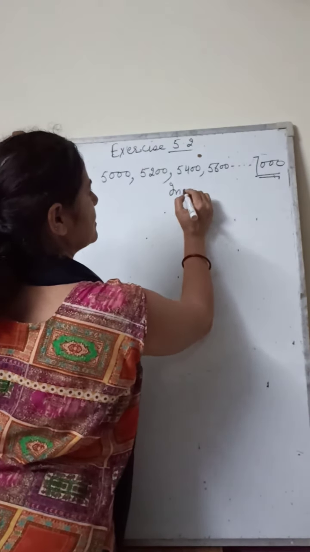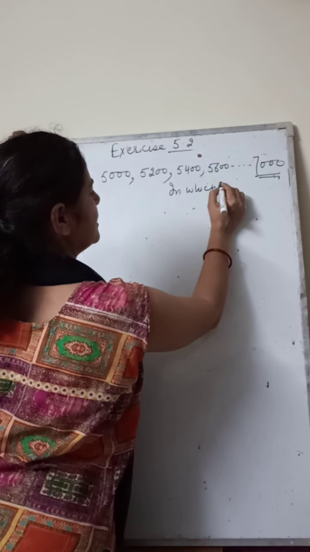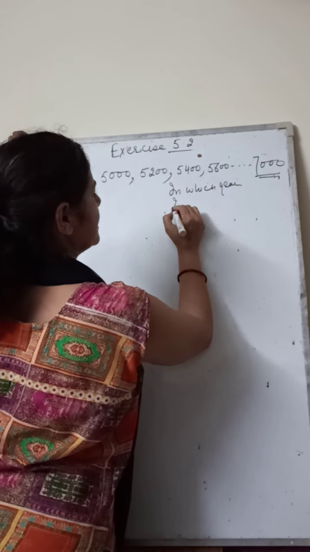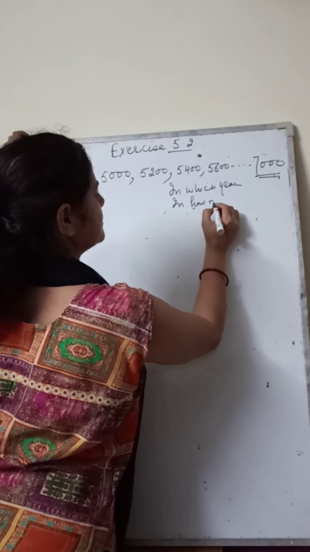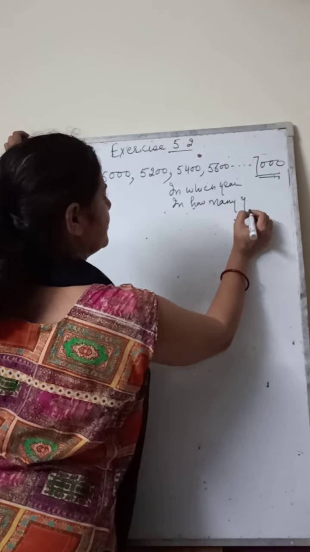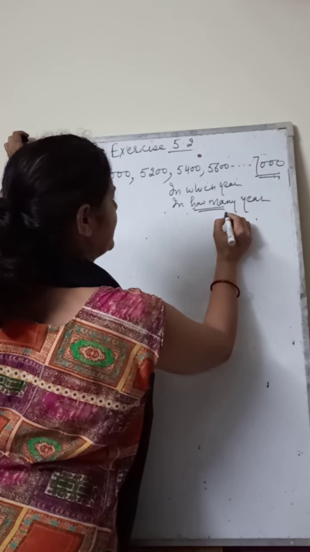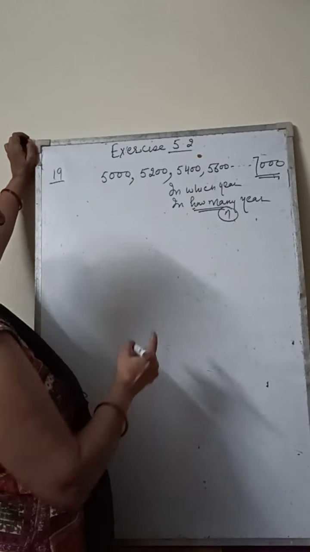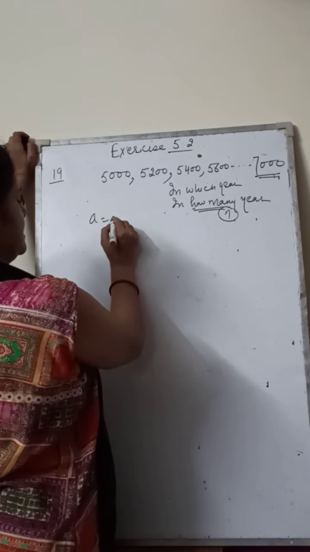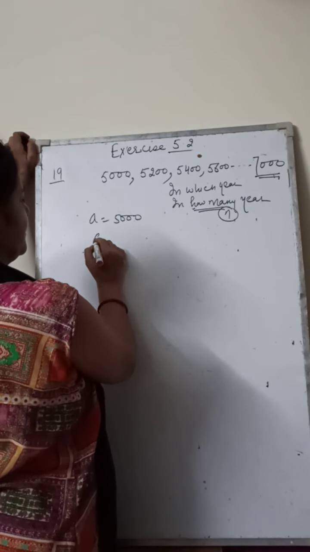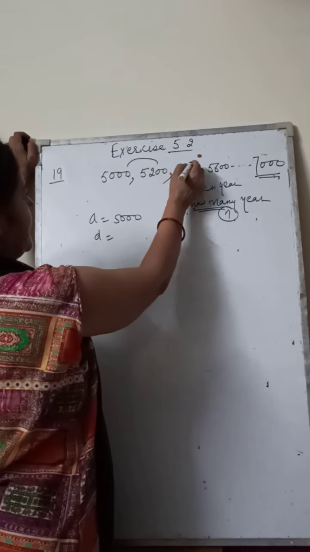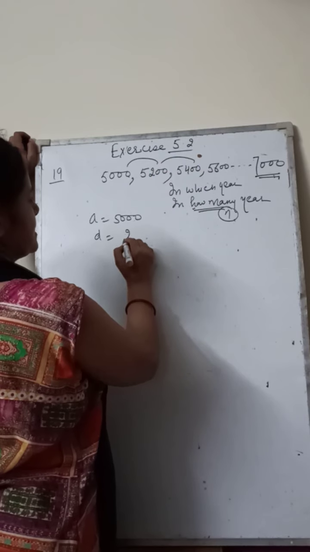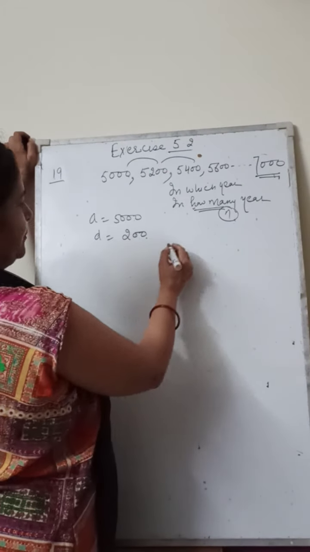In which year? In how many years? In which year means in how many years. Or how many means you will find n. You will find n. Very easy. A is 5,000. Every year the difference of the salary is 200.